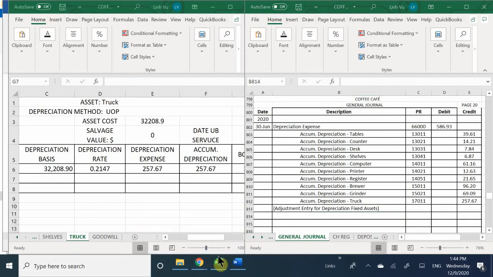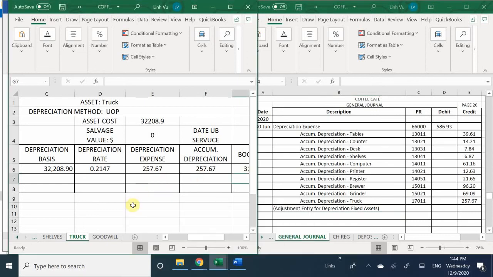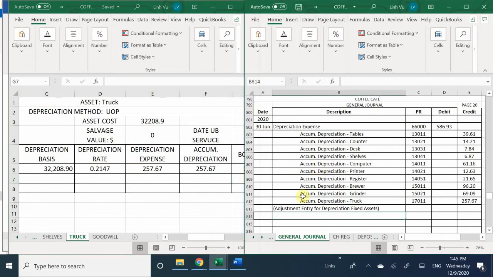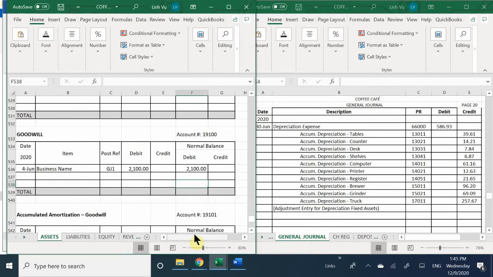Okay. So now that we completed our depreciation tables and we've already recorded our numbers, we have to leave it because you have to do your amortization. So you could go ahead and post these to your ledger now. One at a time.